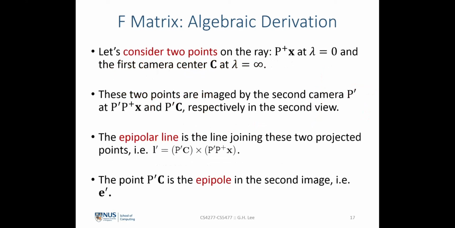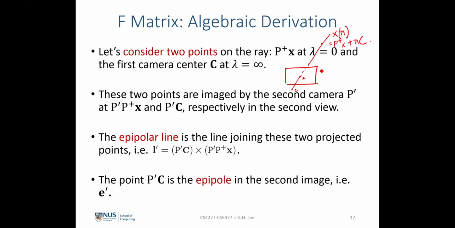Now, let's consider 2 points on this particular light ray. This light ray is seen from the first camera view, which contains the camera center C as well as the image point. It back projects to this particular line, which we call X of lambda, that is given by P plus, the pseudo inverse, multiplied by x plus lambda C. So let's consider 2 points on this particular line.